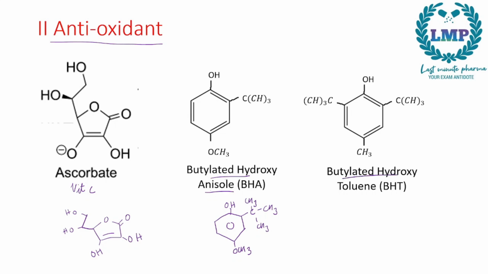Next we have butylated hydroxytoluene. First we will draw toluene, that is a CH3 group on a benzene. Now to this we will add in the para position the hydroxy group, and in each of the meta positions we will add a C connected to CH3 CH3s.